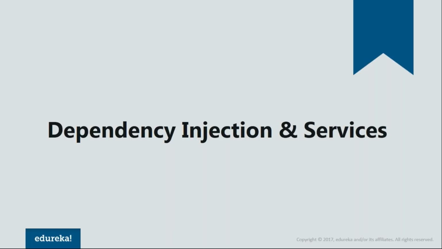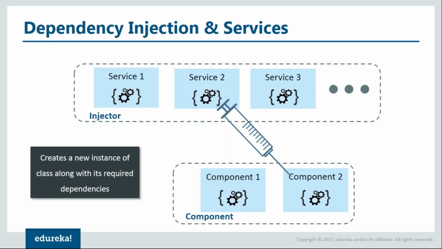So let's go ahead and understand what dependency injection is and how it works along with services. Suppose I have n number of services in my Angular application and I want a particular service to be injected into a particular component. In our case, let's say service 2, which is essentially a search logic. In that service class, I have put some search logic which I want to use in a certain component.